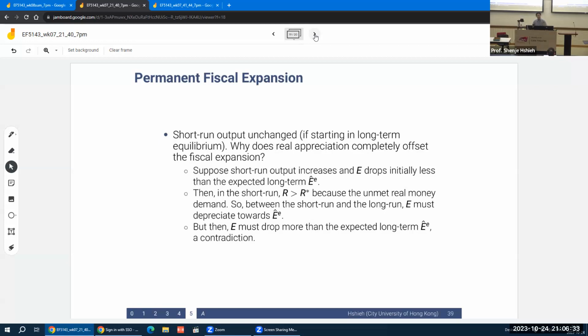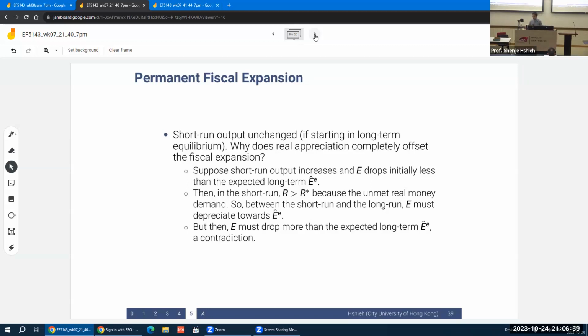So the way to prove that fiscal policy is completely ineffective in this special case in which R equals R star is to do the same thing. We're going to assume that there is an output effect, and then try to draw conclusions that contradict one of our assumptions, namely UIP, the way that we assume how markets clear in the financial markets.